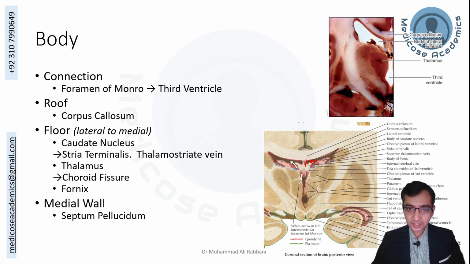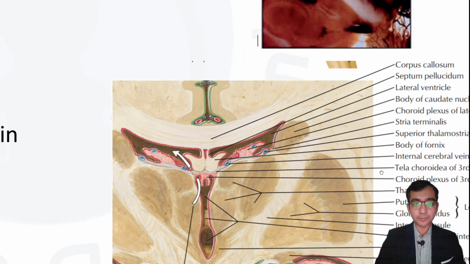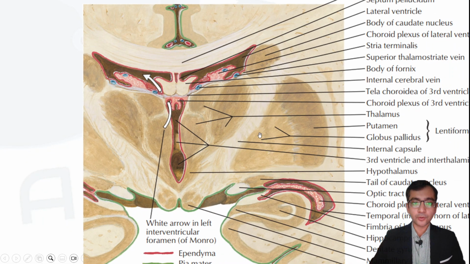The medial aspect is made by these structures. This is the septum pellucidum that separates the two ventricles medially. And then on the floor, there are a lot of structures. Let me focus on that. If you go from the medial to lateral aspect, you will be able to see this fornix. And we saw in the 3D model the caudate nucleus on the lateral aspect and the fornix on the medial aspect.